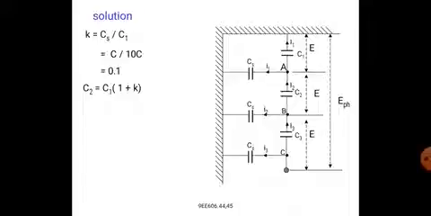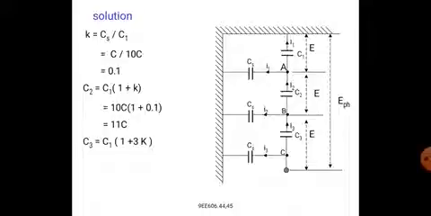So C2 is equal to 10C plus 0.1 into 10C, that is 1C. So 10C plus 1C, that is 11C. C2 is equal to 11C.